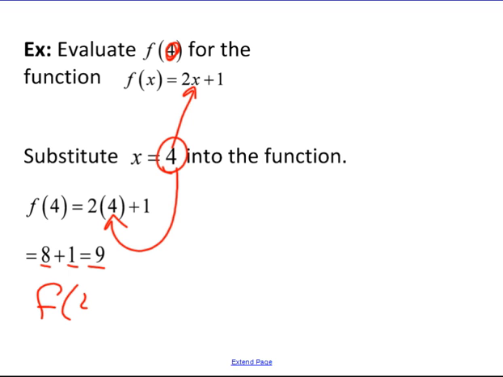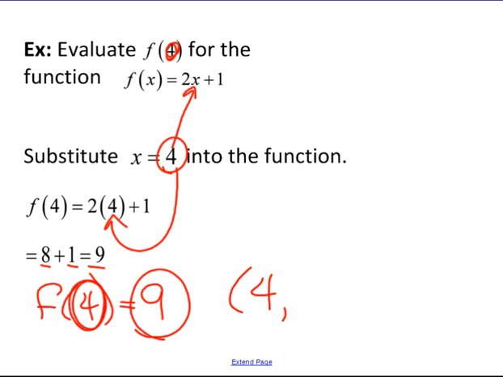So we say f of 4 is equal to 9. Now the 4 is the x value. The 9 is the y value. So this is actually a point. My x value is 4, my y value is 9. Anytime we say f of x, you can replace that with y.